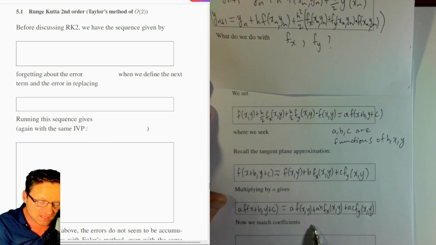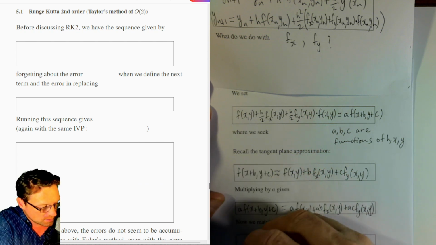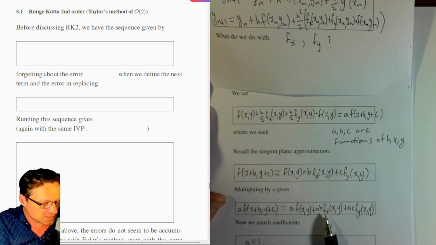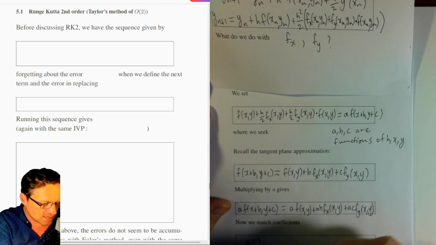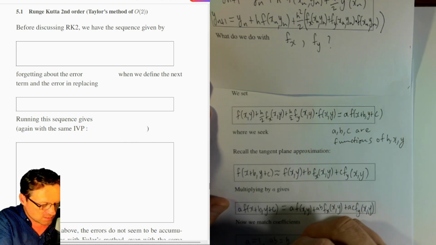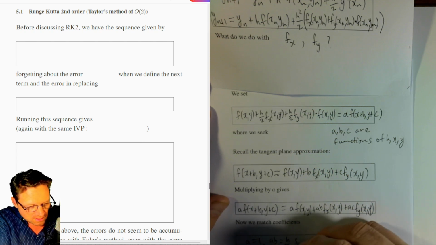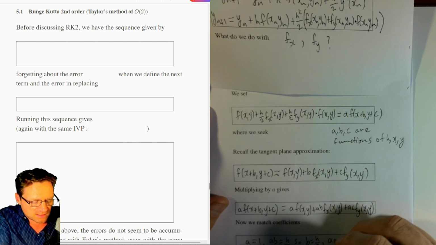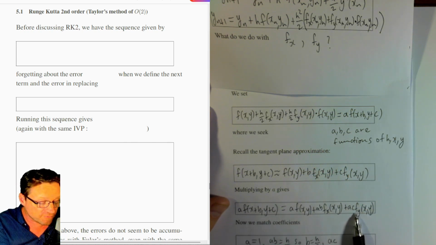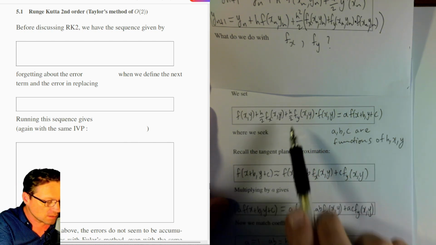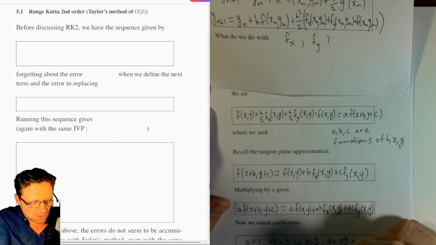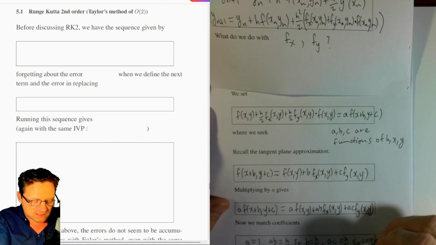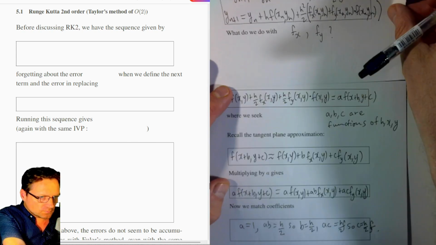We see that the coefficient of f(x, y) is 1, so a is 1. The coefficient of f_x here is ab, so ab is h/2, and since a is 1, b is h/2. Then ac, the coefficient of f_y, is also h/2, so since a is 1, c is h/2 times f.